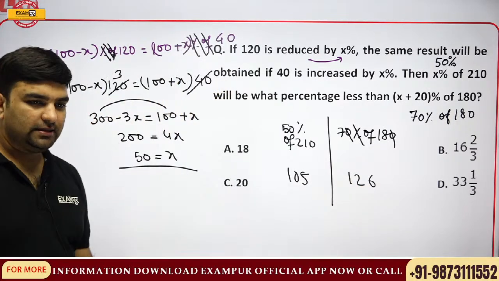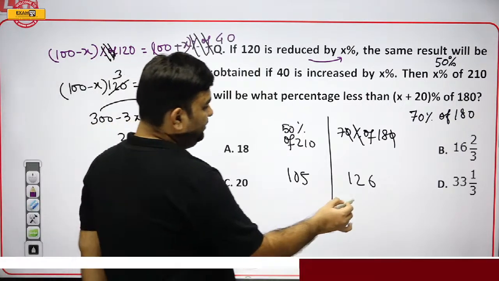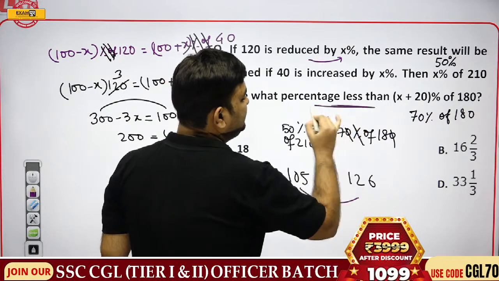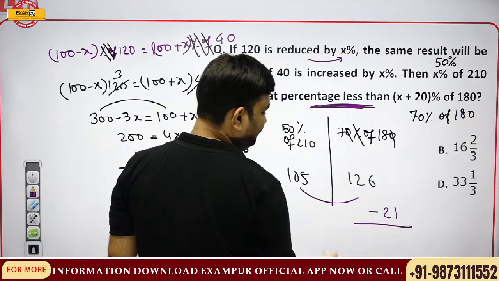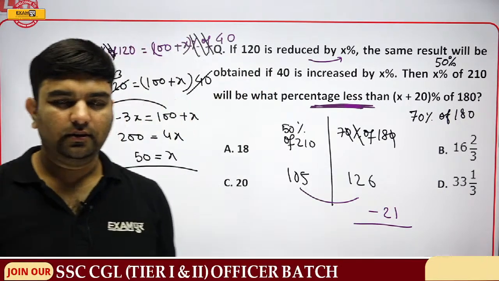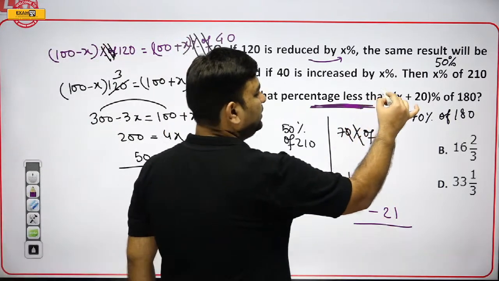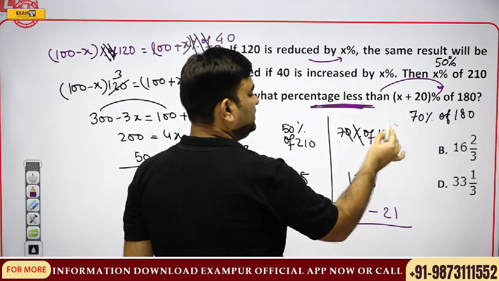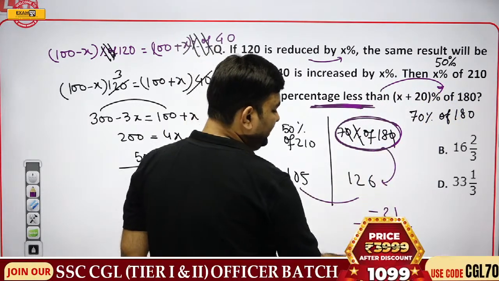In more or less, we see the difference. The difference is 21. Comparison is from the value which is written after. 70% of 180, which is 126. So in the denominator, 126 will come.